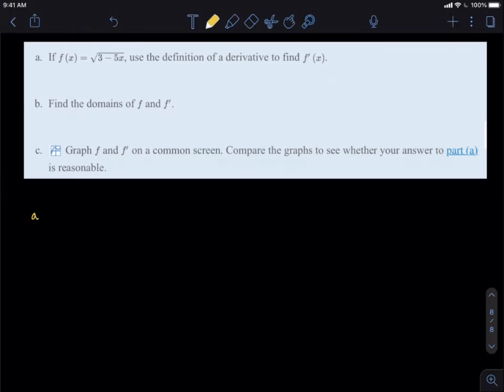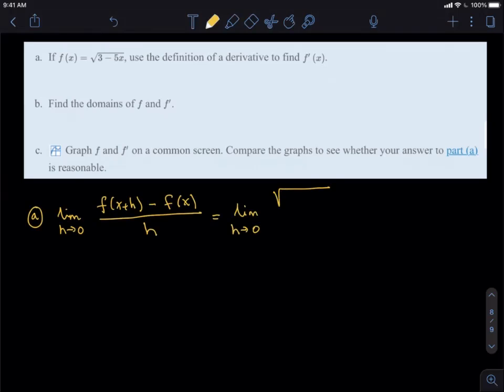For part A, we always start the same way. We write down the definition and see what happens. So limit as h tends to 0 of f of x plus h minus f of x divided by h. And we need to write the whole thing every time. Remember, we need to write the word limit, otherwise it's not correct. Okay, it's a little lengthy, but we have to do it.